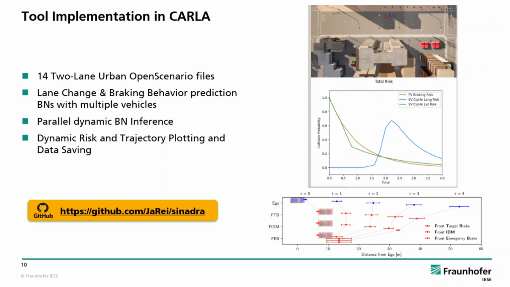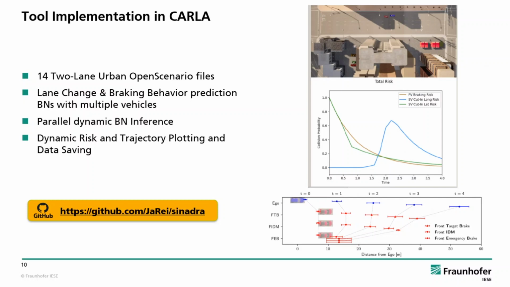And yeah, this was the conceptual part basically of SINADRA. So tool-wise, we implemented that in the past year in the CARLA simulator, where we are providing at the moment 14 two-lane open scenario files that can be used. And we focused so far on lane change and braking behavior prediction with multiple vehicles.